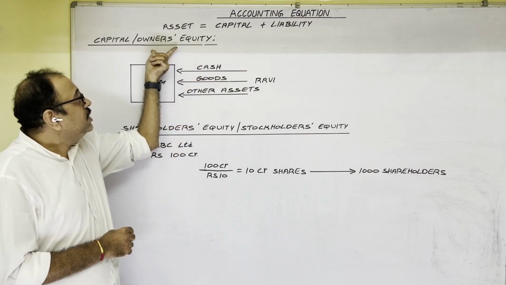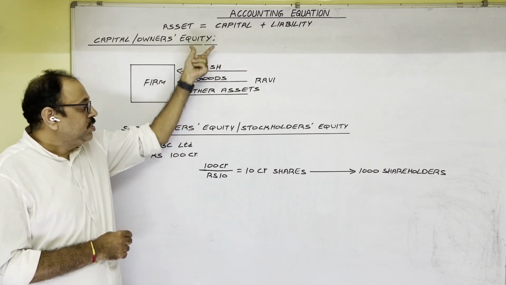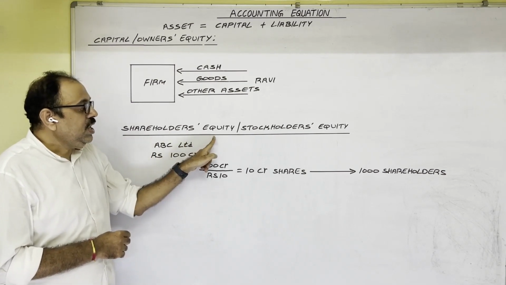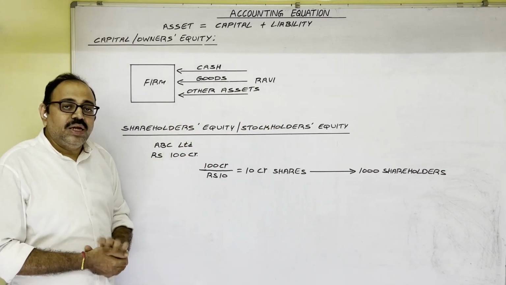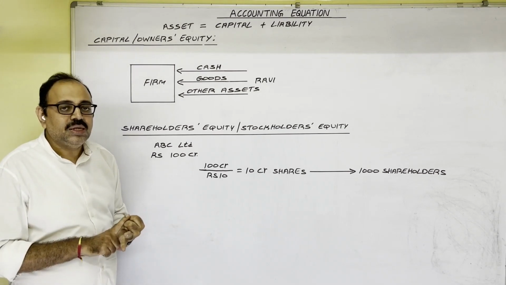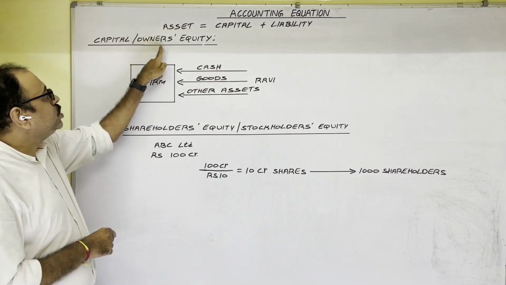And while learning about this capital concept, you should know about one word, shareholders equity or stockholders equity. In case of sole proprietorship, JHF, partnership business, for capital we can use the word owner's equity.